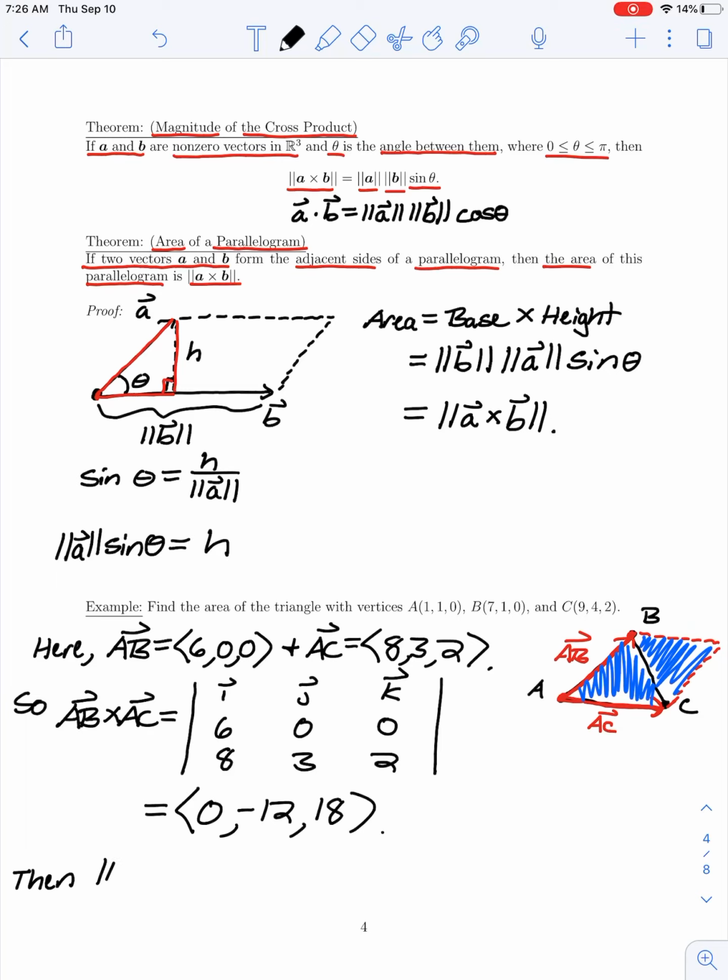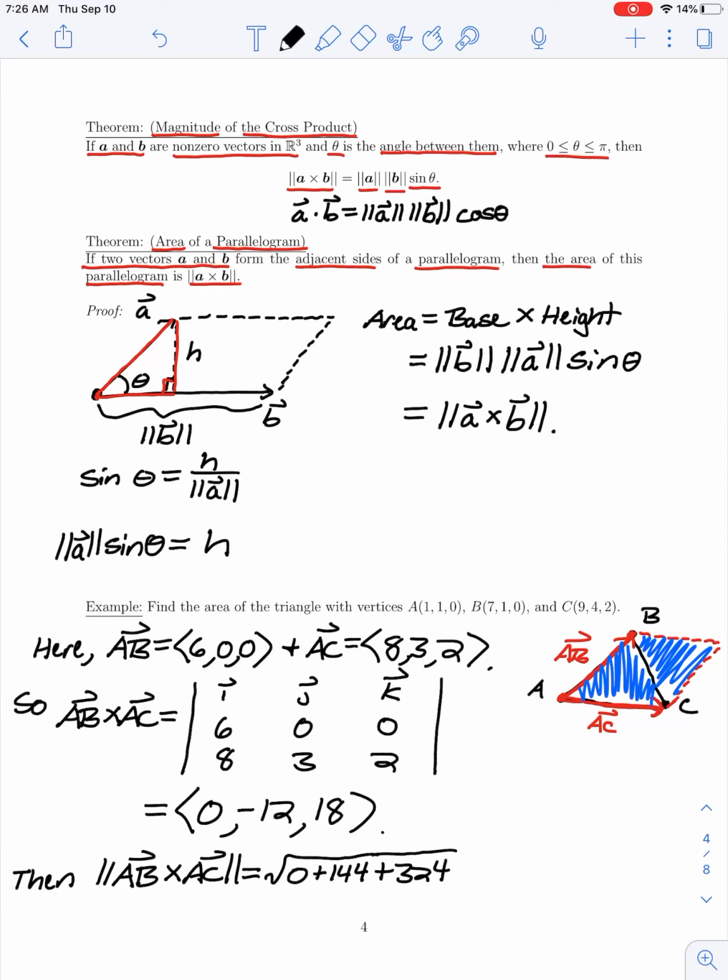So taking the magnitude of AB cross AC, we have the square root of 0 squared, which is 0, plus negative 12 squared, which is 144, plus 18 squared, which is 324, I believe.